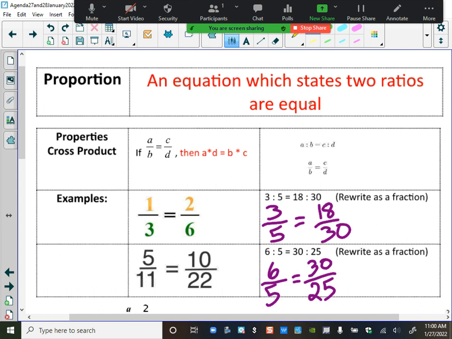So for instance, we multiply 3 times 2 and 6 times 1. In both cases, we multiply crisscross.